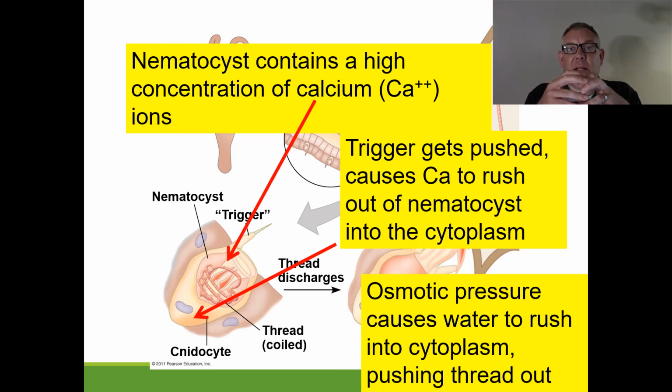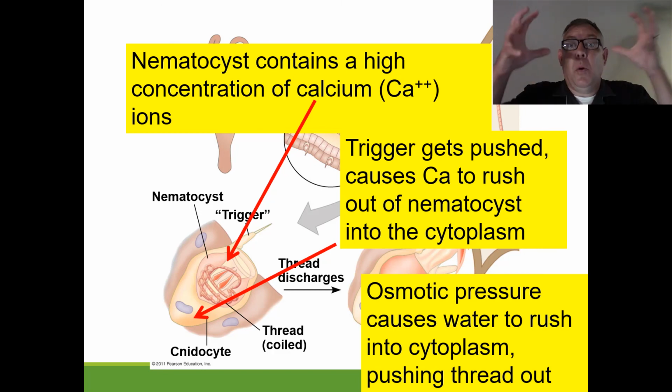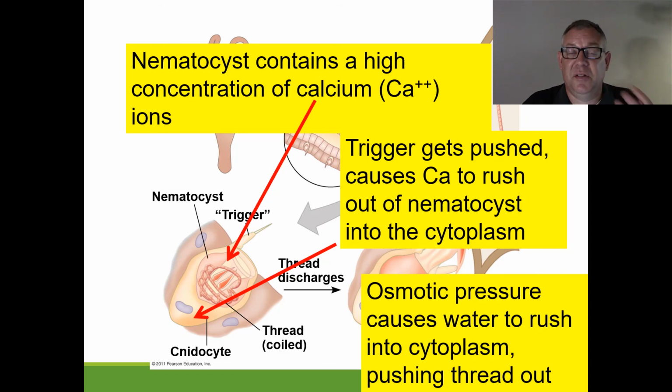Immediately, the cell swells up very big, just like we've been talking about, because the cell becomes extremely hypertonic. When it swells up that fast, it's like an airbag in a car, rapidly expanding.